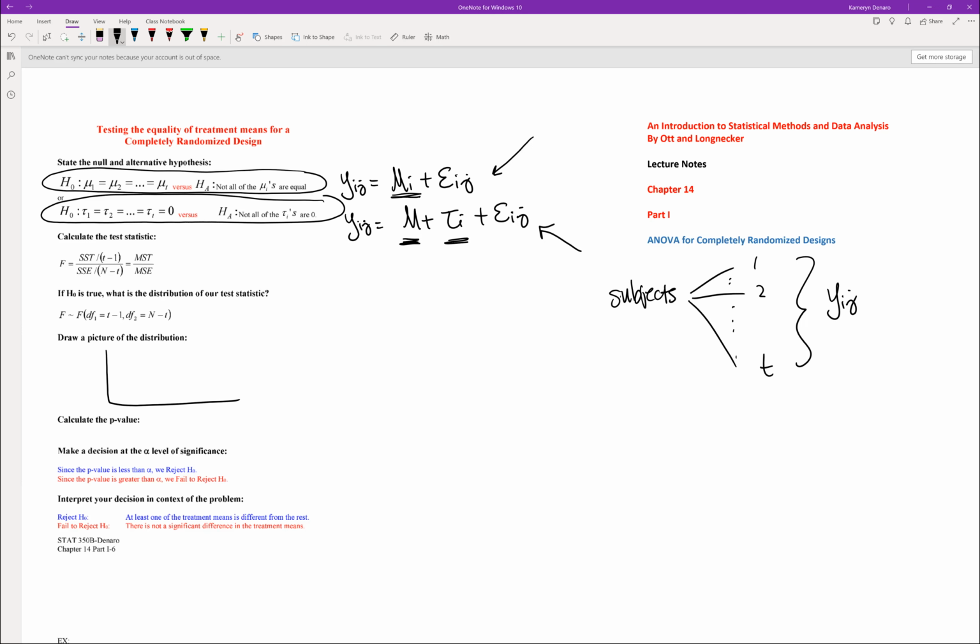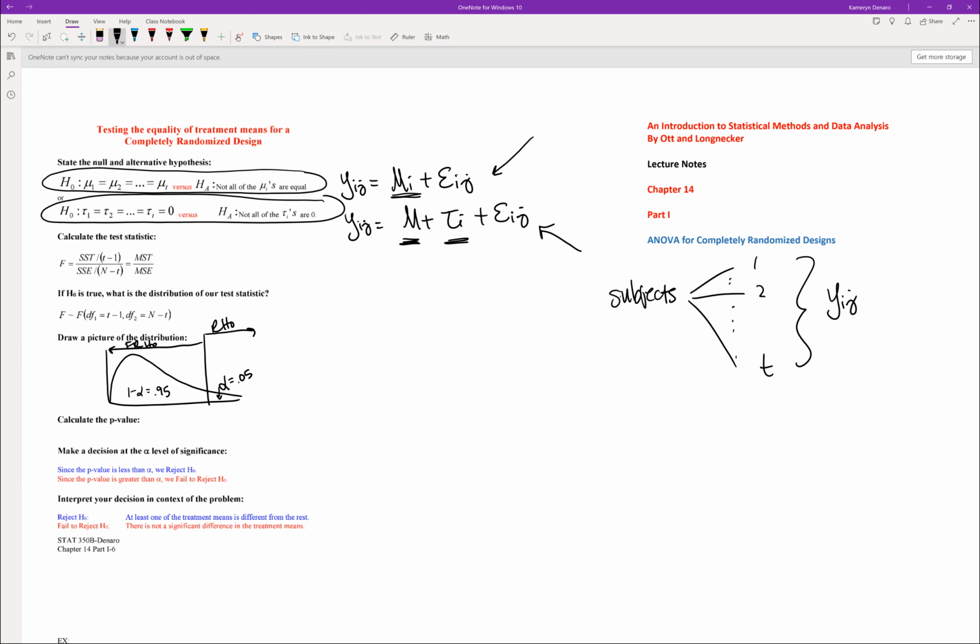If I plot out the F distribution, it looks like a right-skewed distribution that peaks at 1. I can set up a rejection region, reject H0, and we're going to just say alpha equals 0.05 right now. And then I can set up a fail to reject region where 1 minus alpha is 0.95.